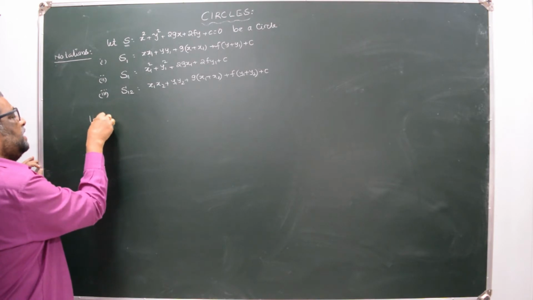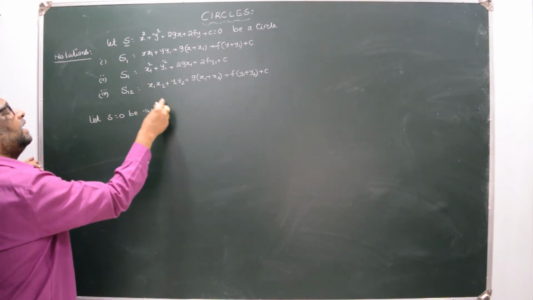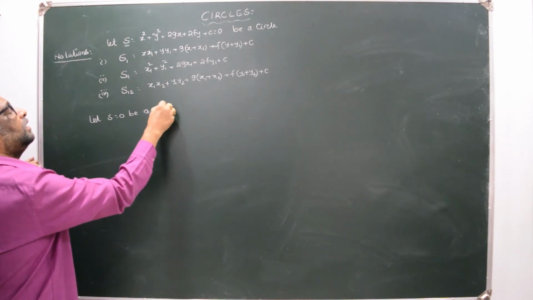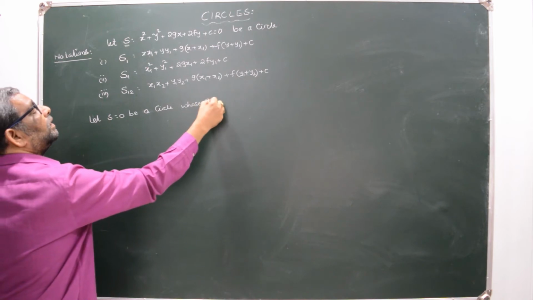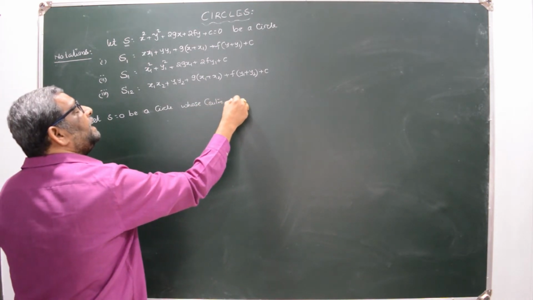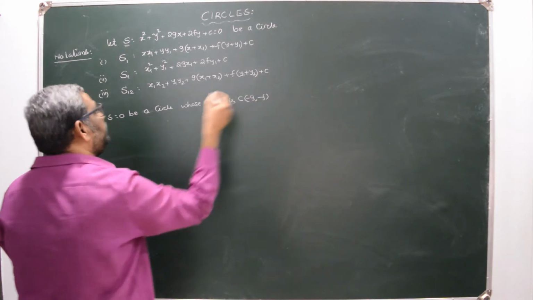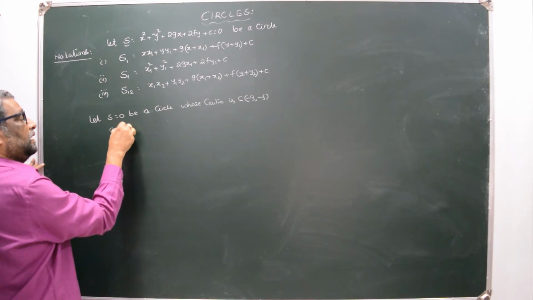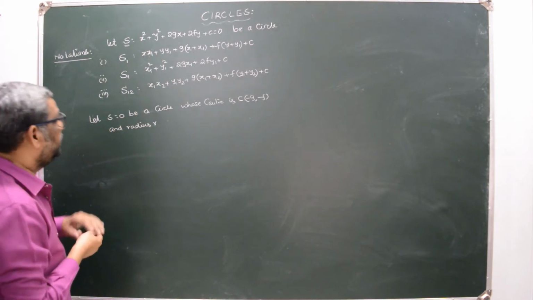So let S equal to 0 be a circle whose center is (-g, -f) and radius r. Now case 1.